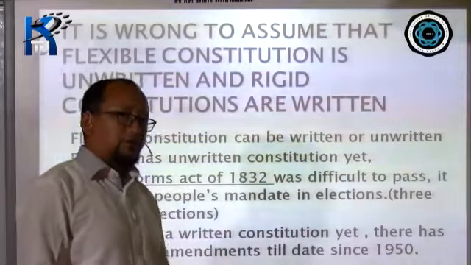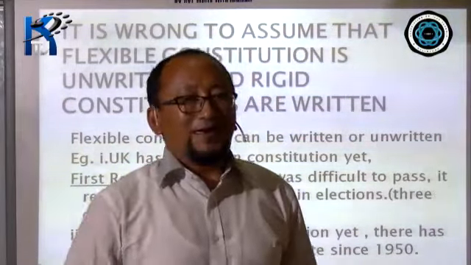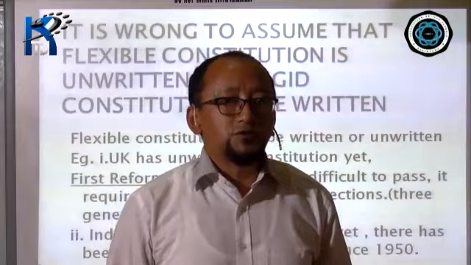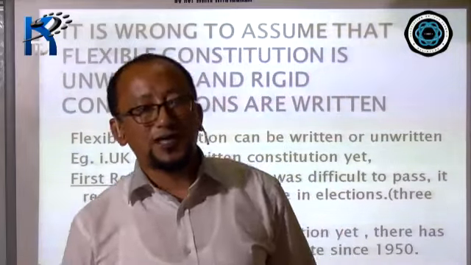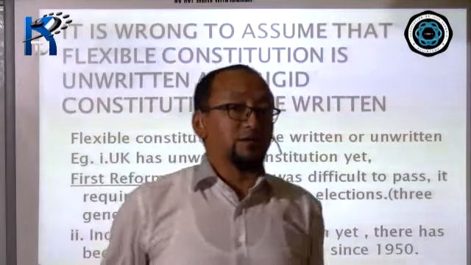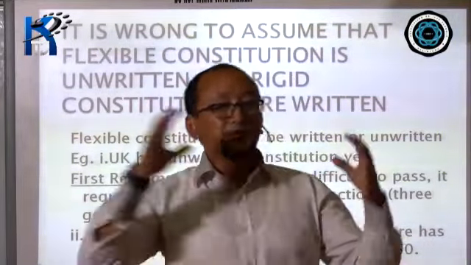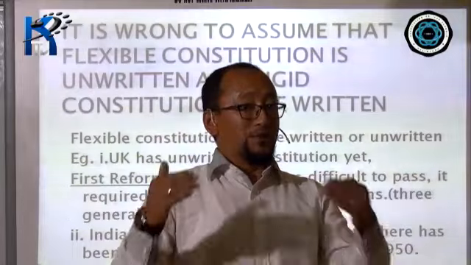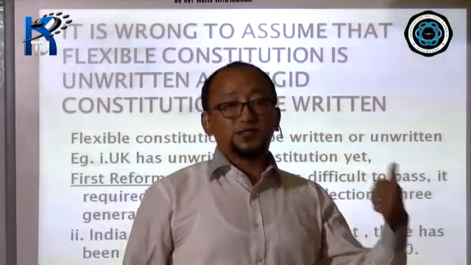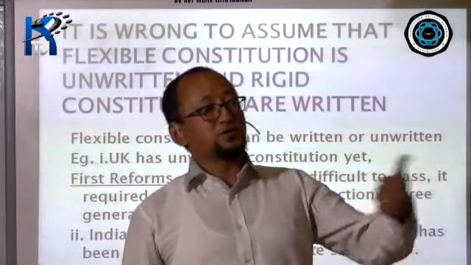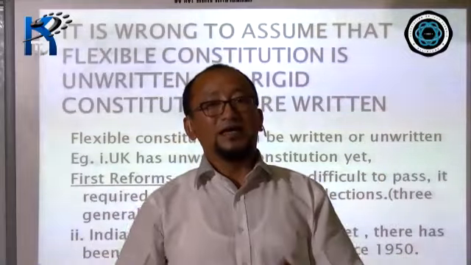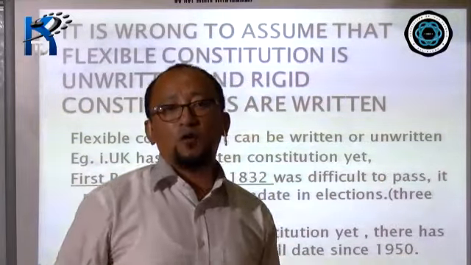Another thing, we know India has a written constitution. That's okay. But that does not mean, I repeat, that the Indian constitution is absolutely rigid. Because please remember, in India since 1950, right from the inception of our constitution till date, there have been about 104 amendments.